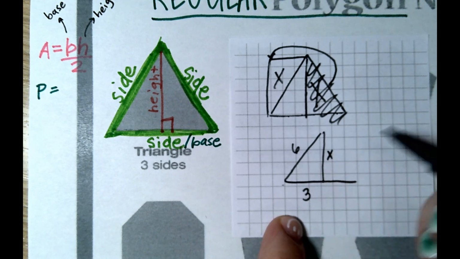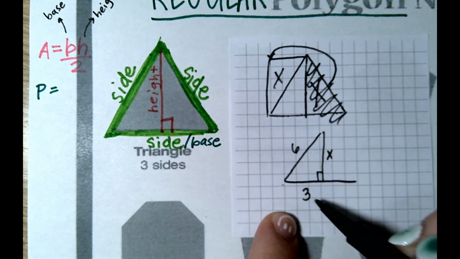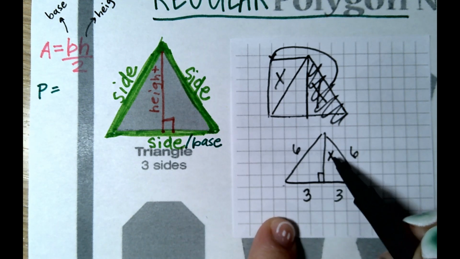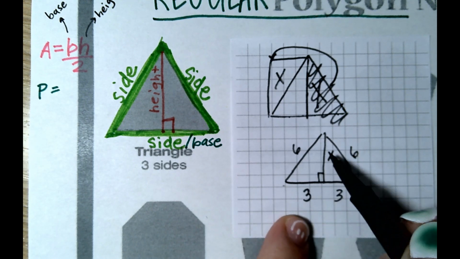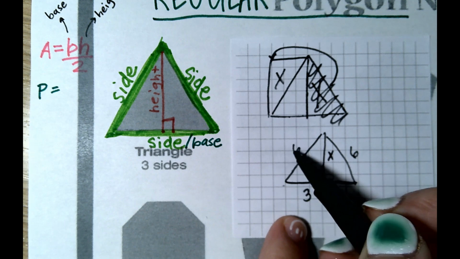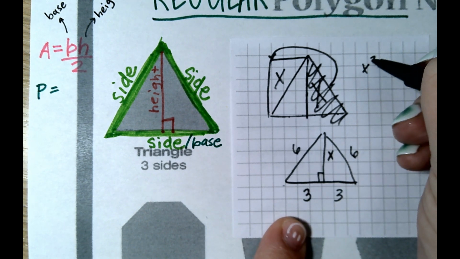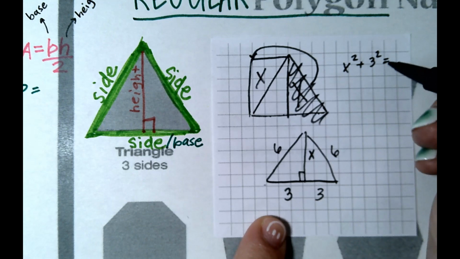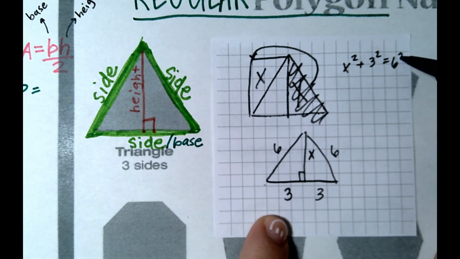I have to solve for x to find my height, because that's 3 and that's 6. So that would be a squared plus b squared is c squared. X squared plus 3 squared equals 6 squared. Guys, we're going on a tangent, but just bear with me. Sorry. No, don't be sorry. This is what we're here for.